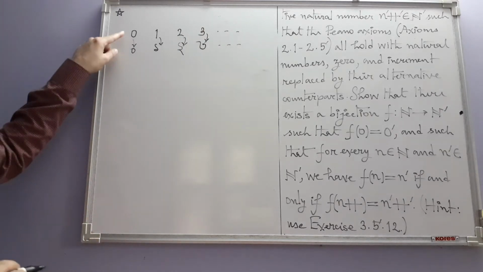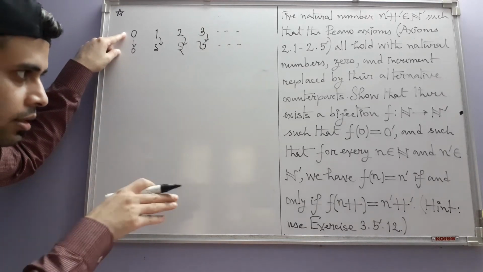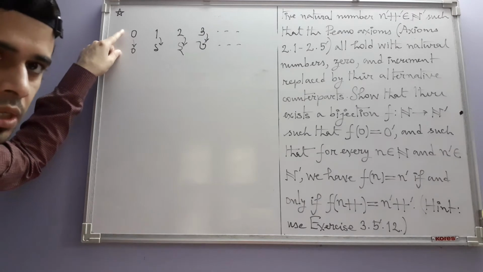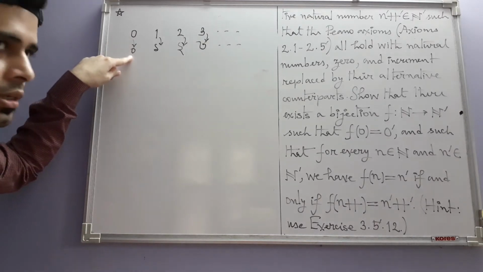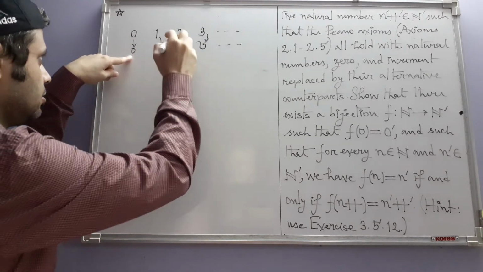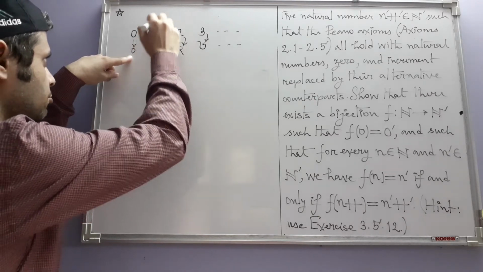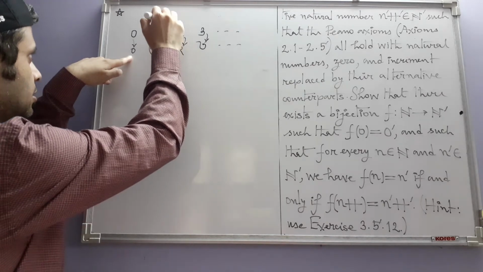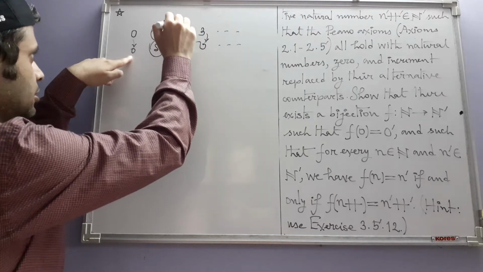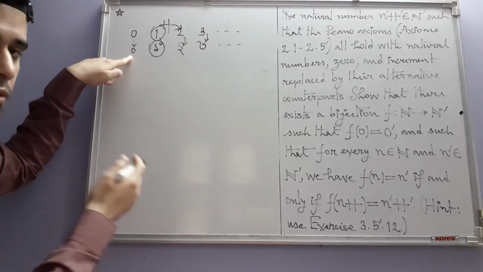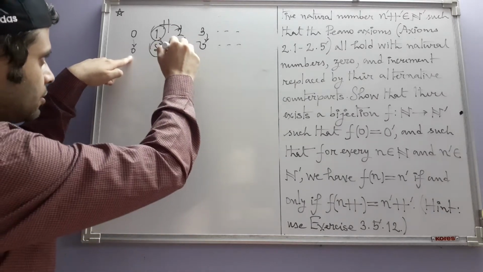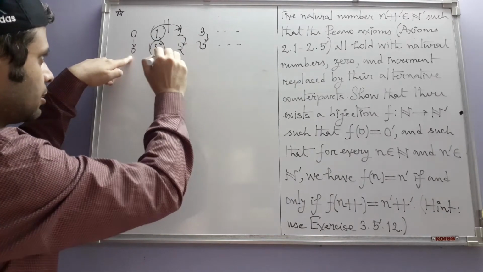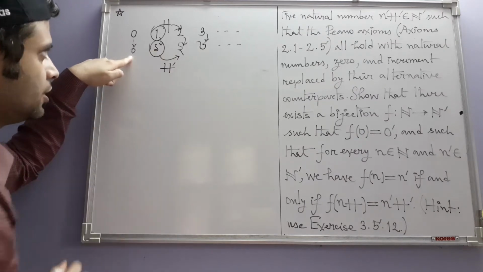such that the 0 of our natural number system corresponds to the 0 of the other system, and if these two things are corresponding to each other, then their successors also correspond. This 2 is the successor of 1 in the ordinary system, and dui is the successor of 1 in the new system.